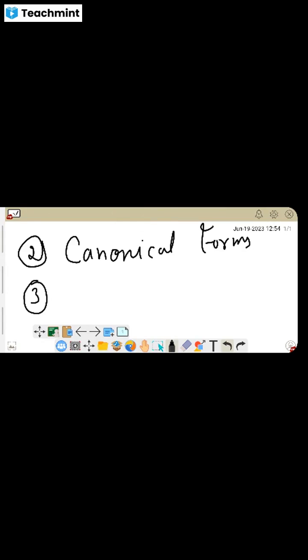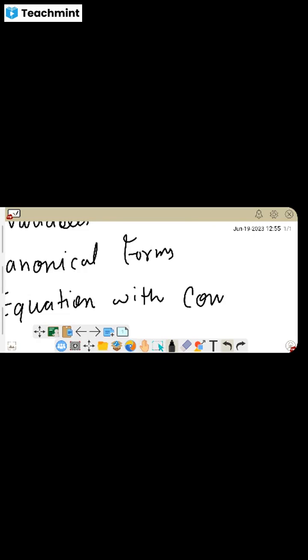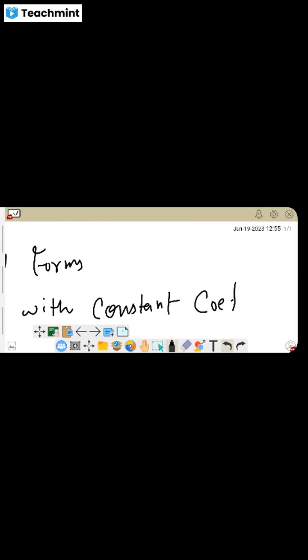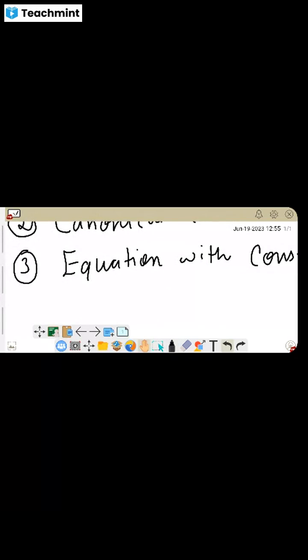Third is equation with constant coefficient. And fourth is general solution.